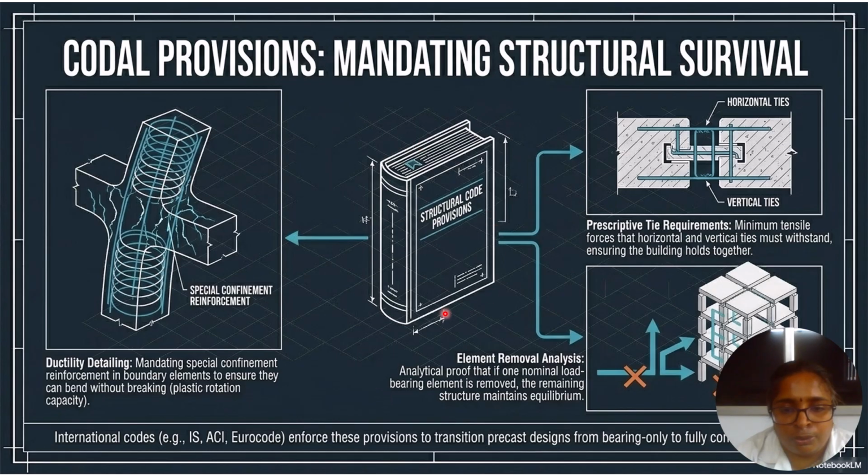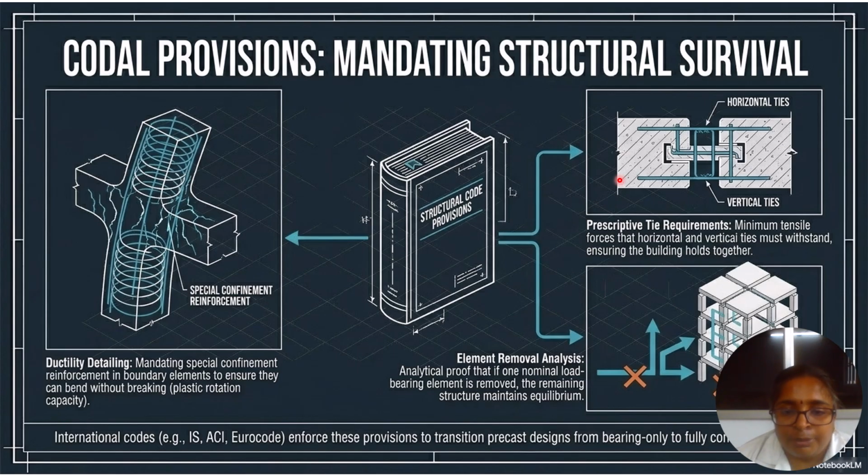The structural codal provisions also help reduce the effects through horizontal ties, as described in this image, and vertical ties and stirrups. They provide the minimum tensile forces that horizontal and vertical ties must withstand, ensuring the building holds together.